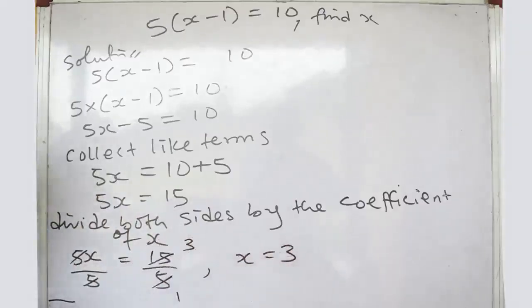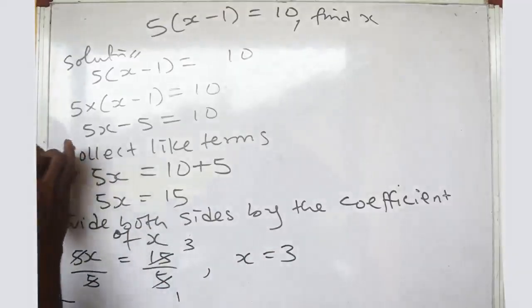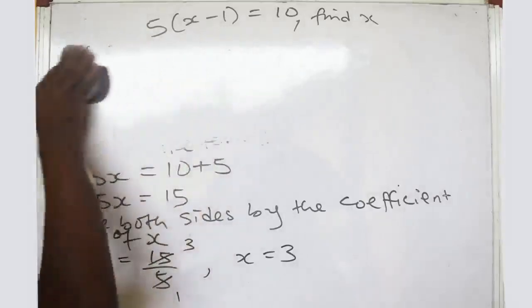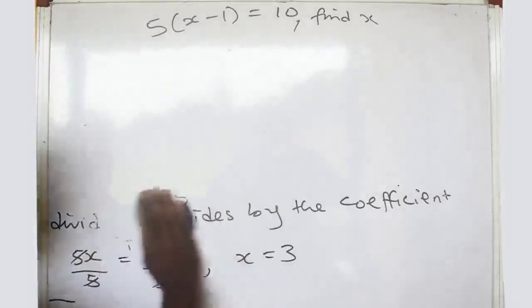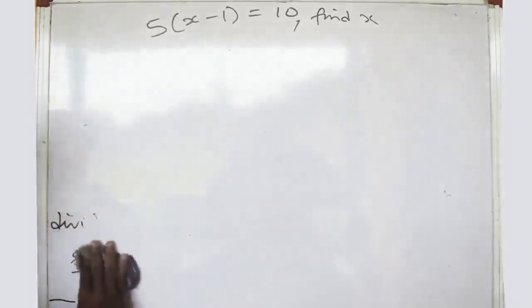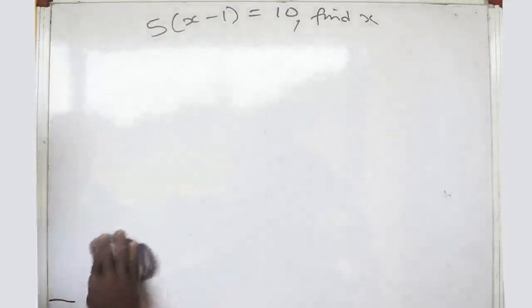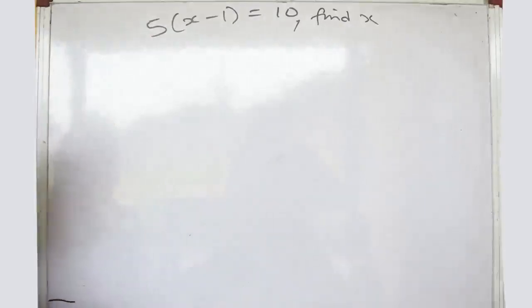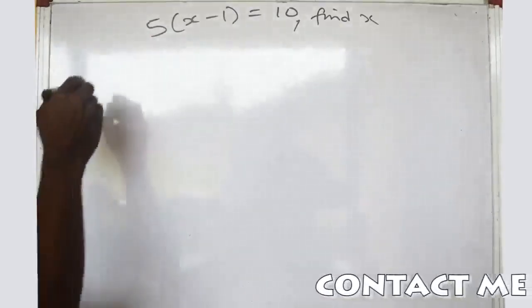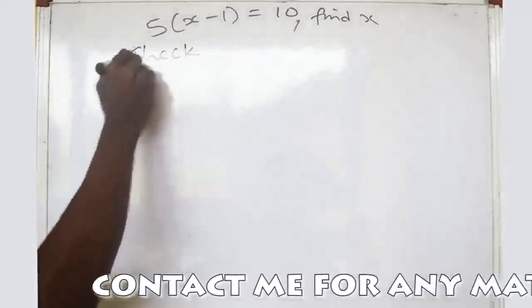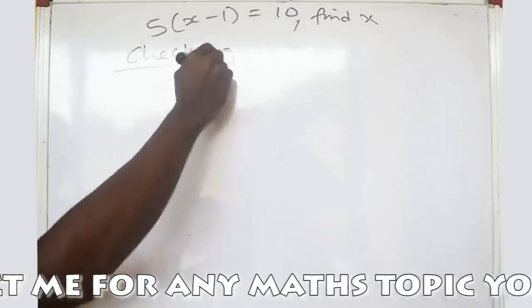Another 3 again. So this is what we've gotten. So when we clean up this, keep in mind what the value of x is. We have gotten our x again as 3. So all you need to do, in order to check your answer whether it's right or wrong, you can say check in.